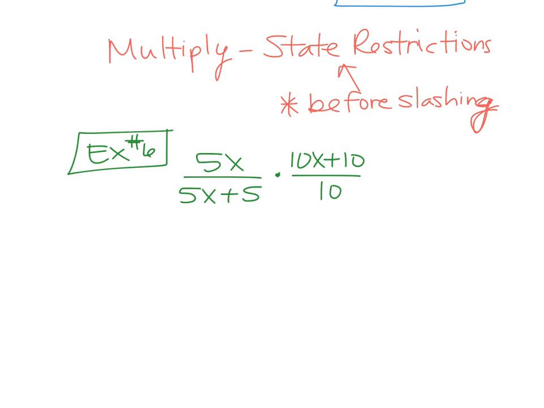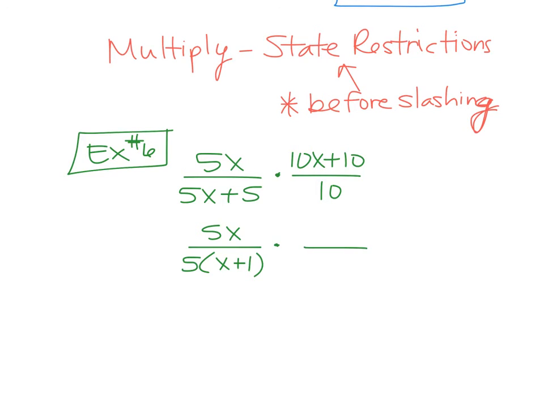Do what we did before, so factor out what we can factor out, and then we can multiply at the end, okay? So if you look at this setup, on top, there's nothing you can factor out of 5x. On bottom, you can factor out a 5. So we're going to factor out a 5, and we're left with x plus 1.